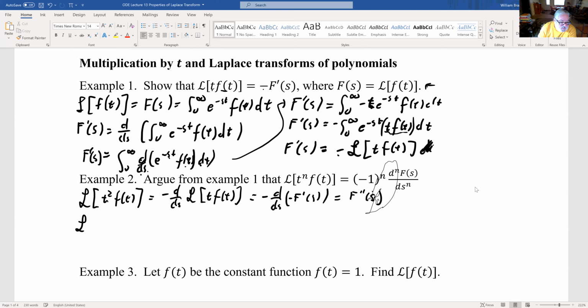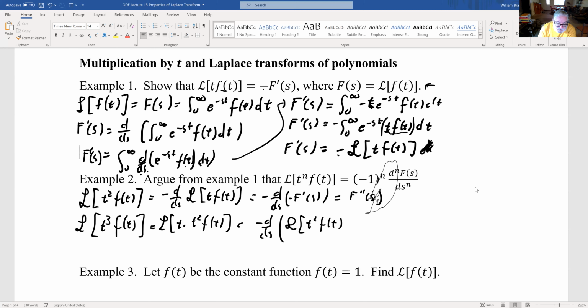So what's the Laplace transform of t cubed f of t? Well, this is the Laplace transform of t times t squared f of t. So that's going to be minus d by ds of the Laplace transform of t squared f of t.